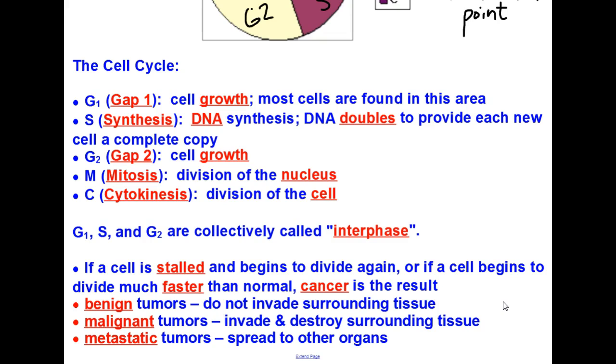There are 3 types of cell overgrowth. There are benign tumors, which do not invade the surrounding tissue, malignant tumors, which invade and destroy surrounding tissue, and metastatic tumors, which spread to other organs.